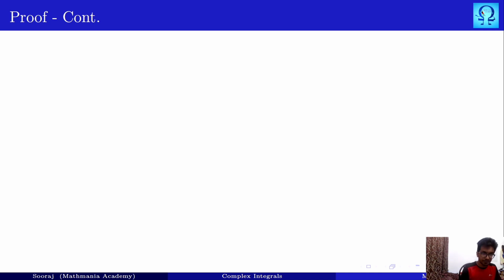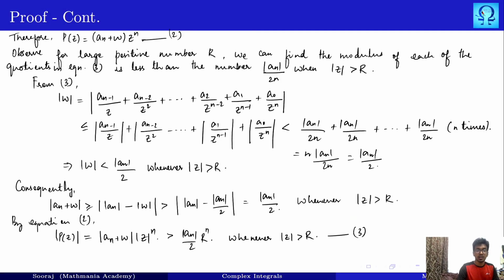Now let us check the boundedness of f of z. Therefore absolute of f of z is equal to 1 upon absolute of p of z, and this p of z is bigger than or equals this quantity.